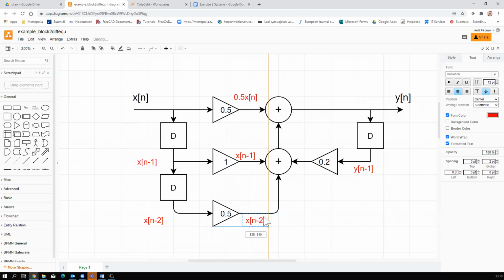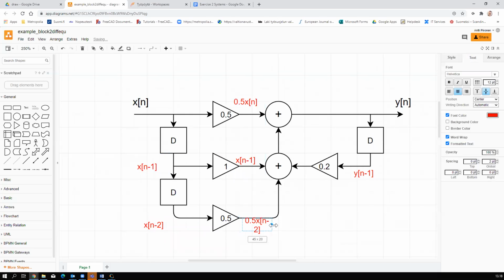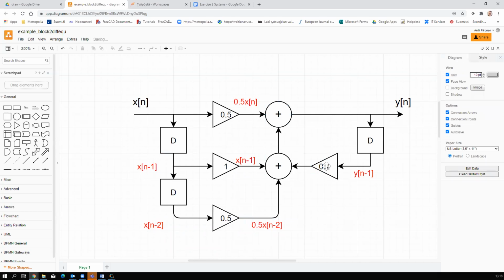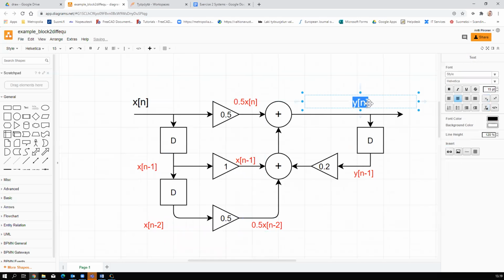After that one, we have 0.5 times x of n minus 2, and so on. So fundamentally, in this case, y of n would be 0.5 times x of n plus x of n minus 1 plus, and so on.